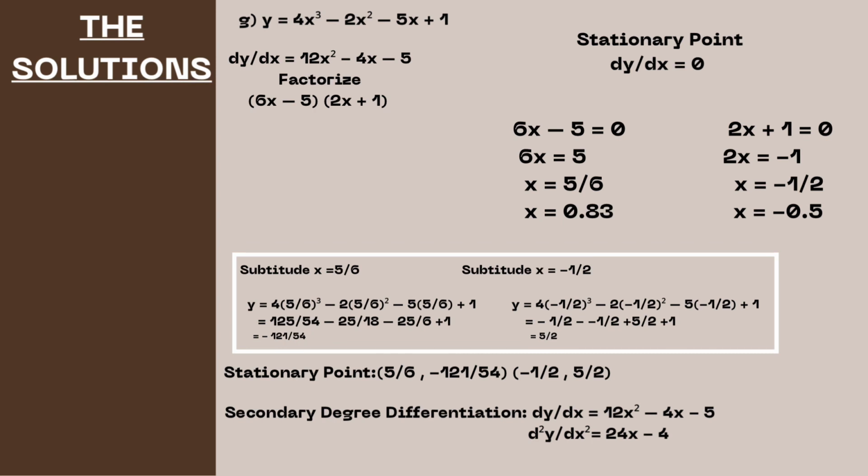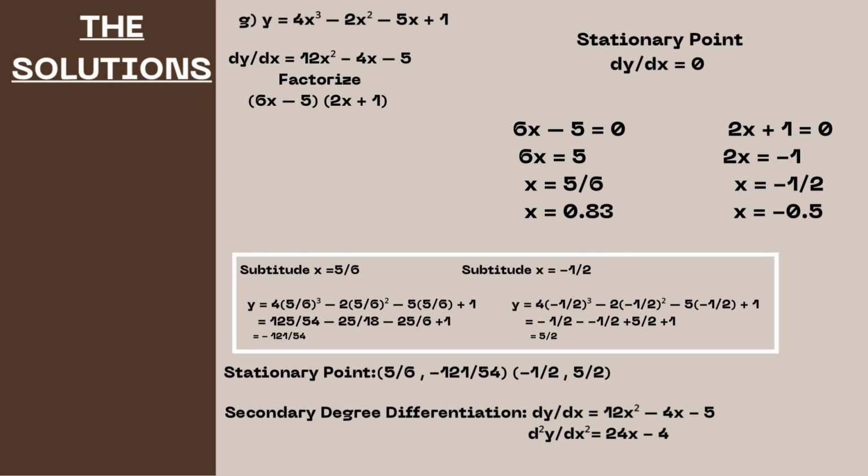Next, we substitute x equals negative 1 per 2 into the same equation. So, 4 in bracket negative 1 per 2 power of 3 minus 2 in bracket negative 1 per 2 power of 2 minus 5 in bracket negative 1 per 2 plus 1.